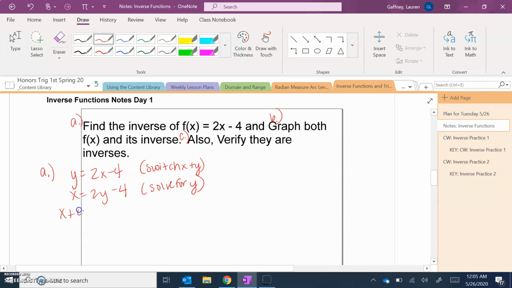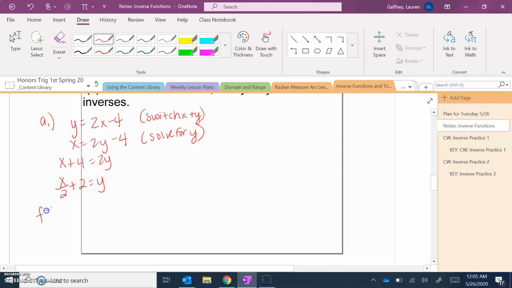So add the 4, divide by 2, and I'm going to rewrite this. This is the notation for inverse, just to refresh your memory. So the inverse is x over 2 plus 2, or you could also write 1/2 x plus 2, same difference. You generally do want to rewrite it so you have y now as the inverse of x.